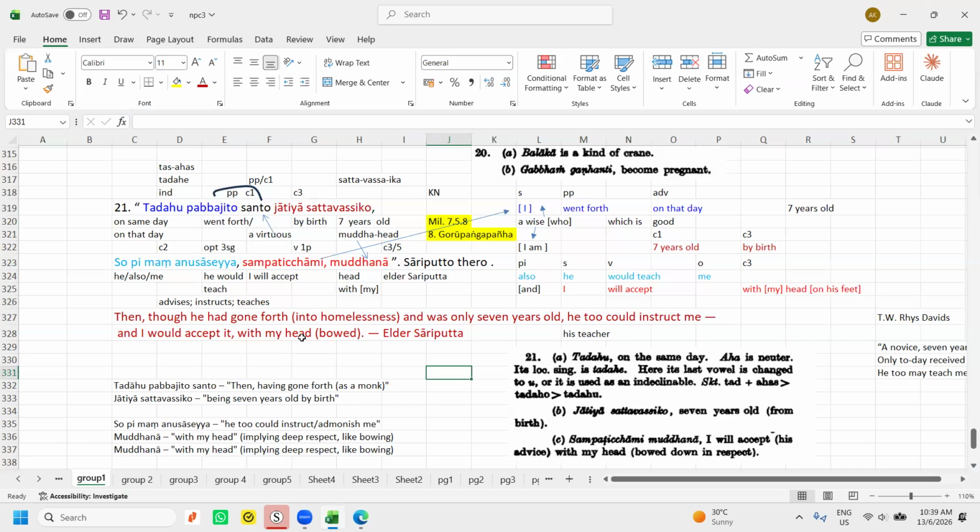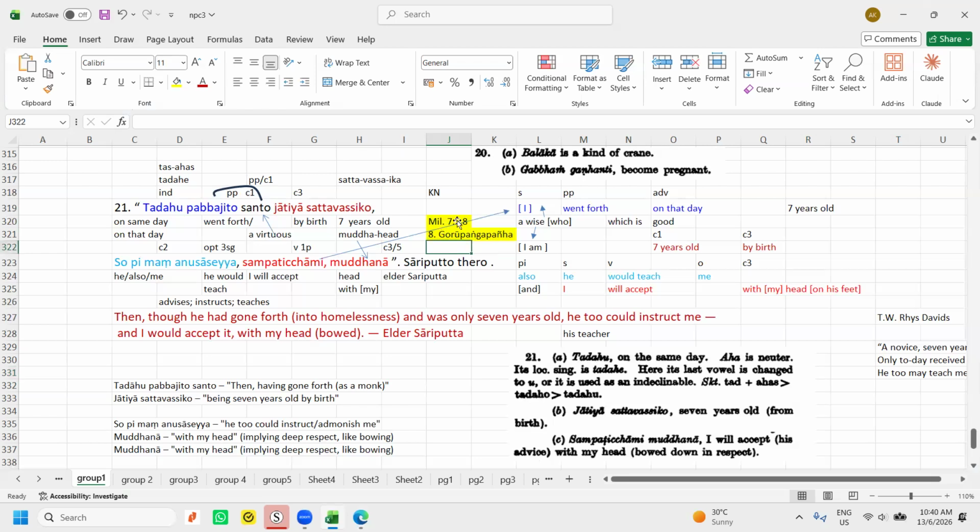Another thing is how we get this Rhys Davids translation on the right side. It's very hard to find today. This is the translation of Rhys Davids.